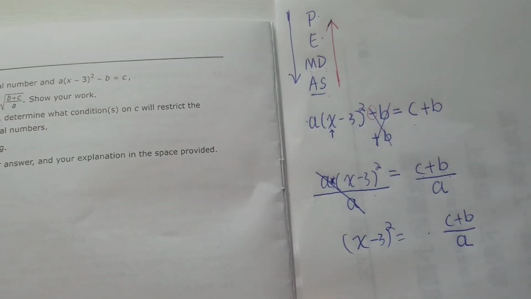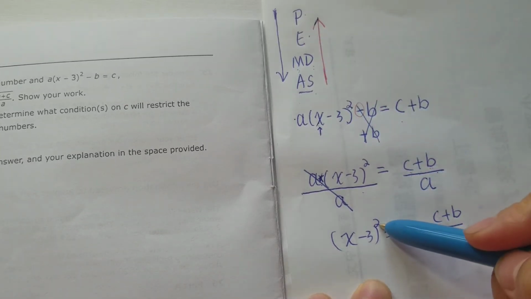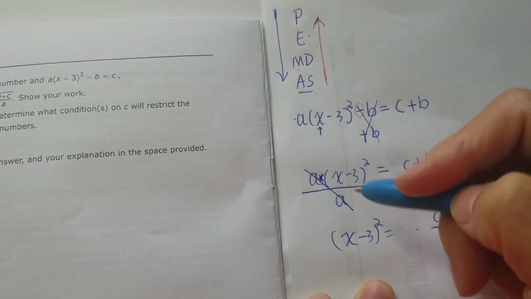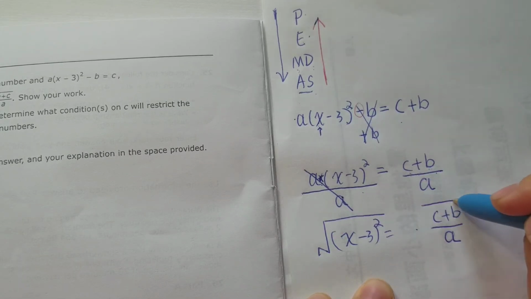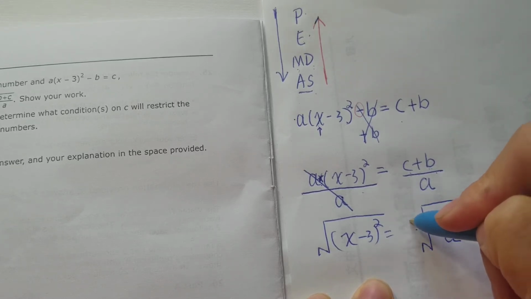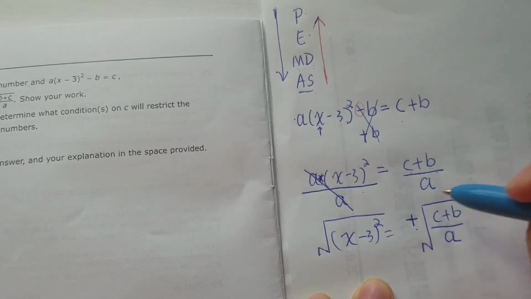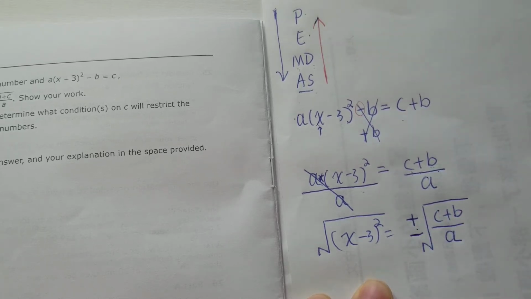Now look at the order of operations: exponent, okay? So the inverse of square is square root. However, keep this in mind: when you apply the square root, there must be one positive square root and one negative square root.